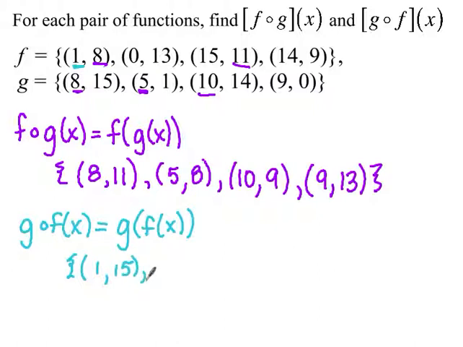All right, so the next one on the f function is going to be 0. And then where is 0 going? 13. There's no 13, so 0 is going nowhere. Okay? What about the next one, 15? 15's not going anywhere. What about 14? 14 is going to 0, right? So there you go.